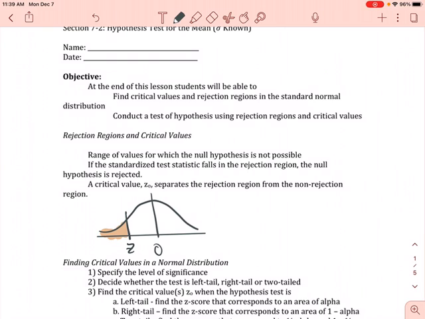Let's call this Z sub C, Z critical value, or Z sub O. That's going to come from alpha, and basically, you're going to find it on your formula sheet. We're going to create this section, and then we're going to put it together with our p-value. And we're either going to reject or fail to reject based on where your test statistic falls.